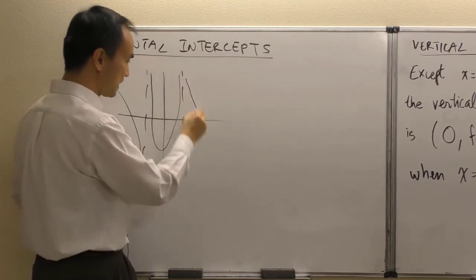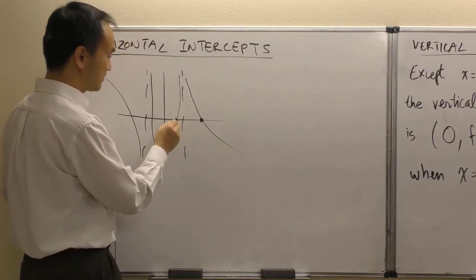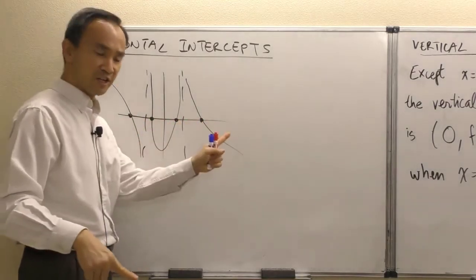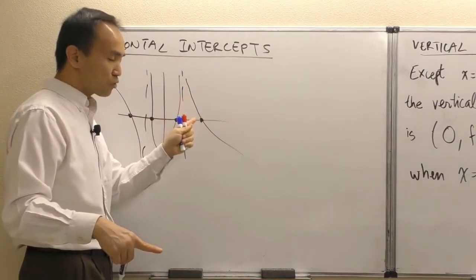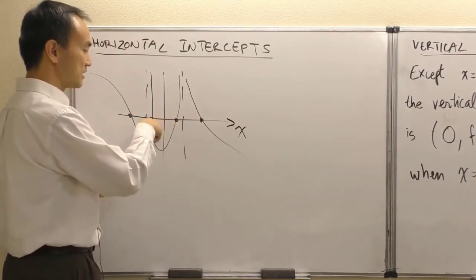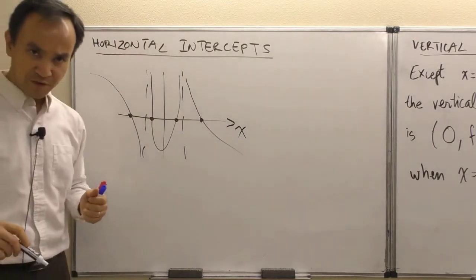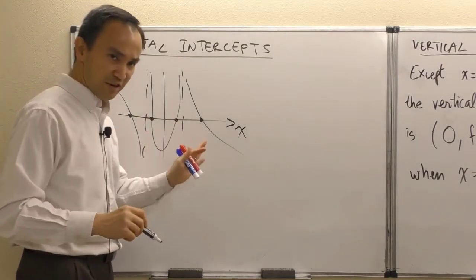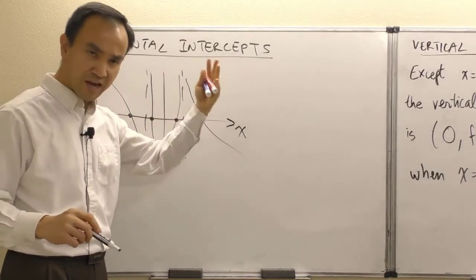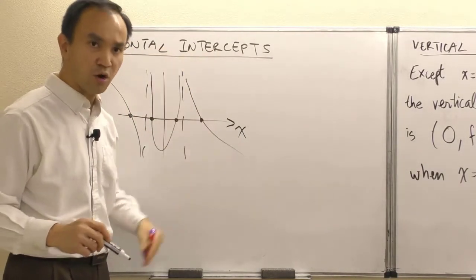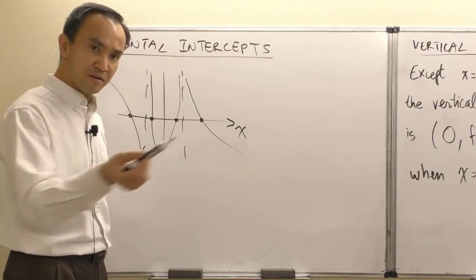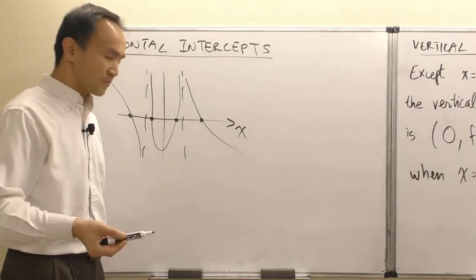But in the end there may or may not be some intersection points where the graph is crossing through the horizontal axis, and we call these the horizontal intercepts. Here I drew a picture where there were some crossing points, but there could also be cases where the graph just does not cross at all. That's why, like I said earlier, there may or may not be horizontal intercepts.